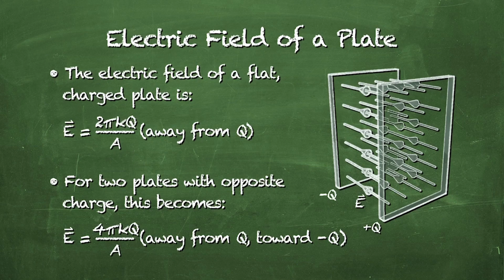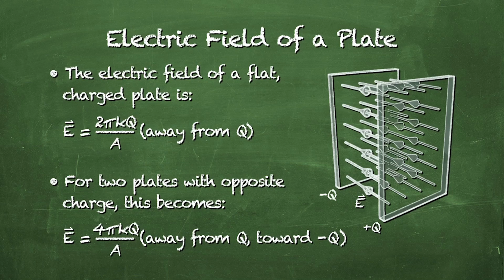So, when we have two flat plates with equal and opposite charge, one has plus q and one has negative q, and they both have the same area, then the electric field between these two plates is 4 pi times our constant k times q, the charge on the positive plate, divided by the area of an individual plate.